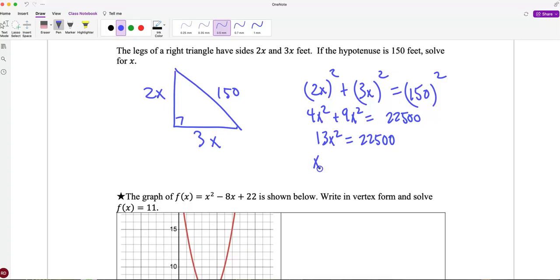So x squared equals 22,500 over 13. So x is going to be plus or minus the square root of that, the square root of 22,500 over 13.